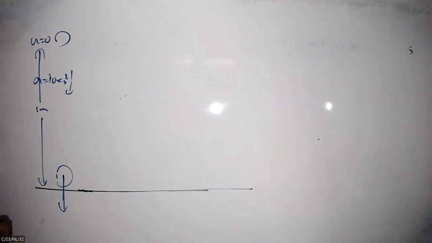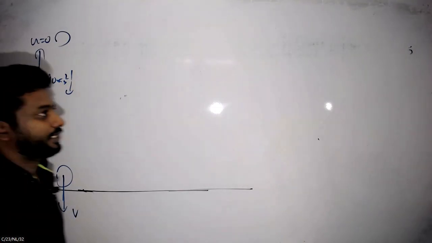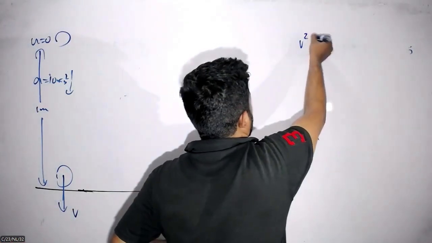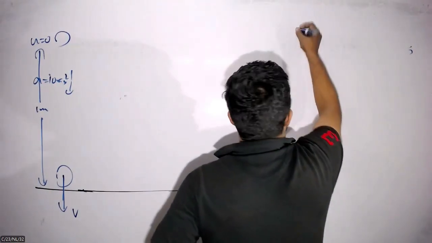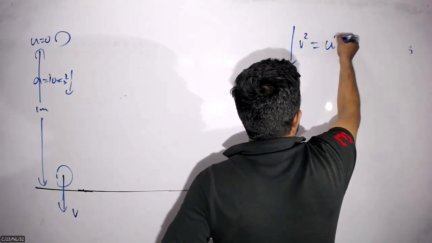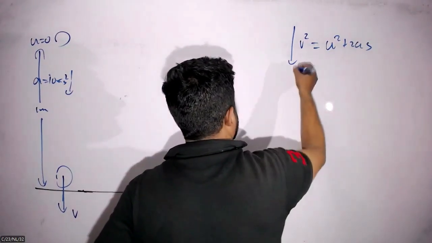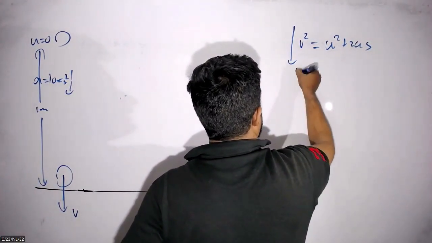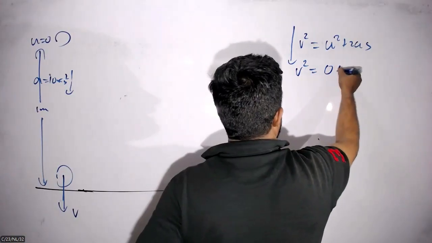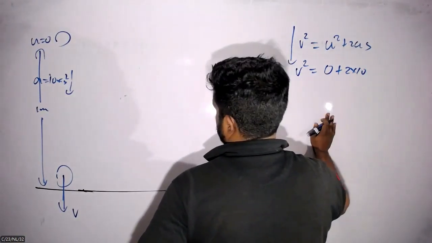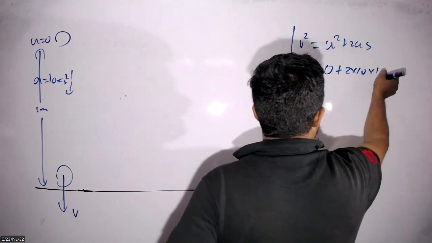Therefore, first of all, you need to find the velocity of the ball just before the collision. To find the velocity of the ball just before collision, you can apply v squared equal u squared plus 2a, this equation towards the downward direction. v squared, initial velocity 0, 2 into gravitational acceleration 10, height 1.